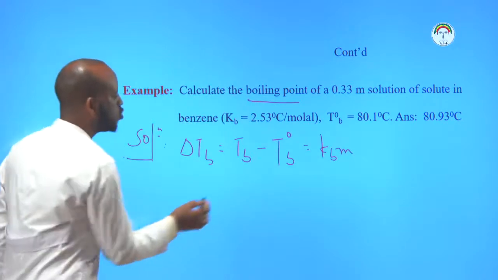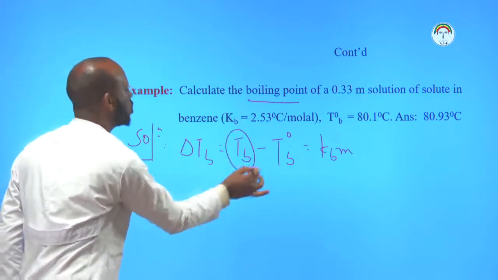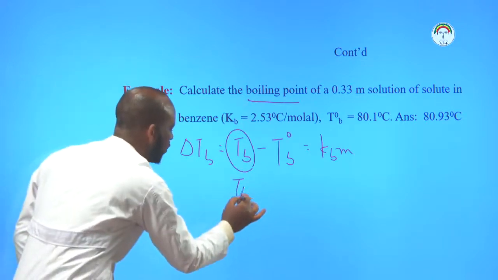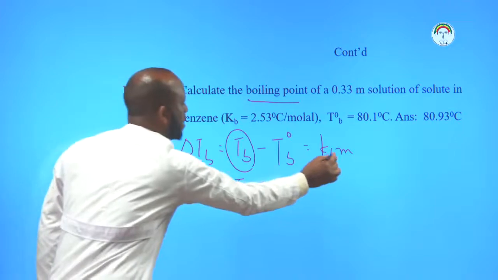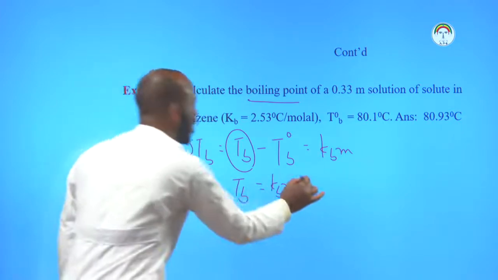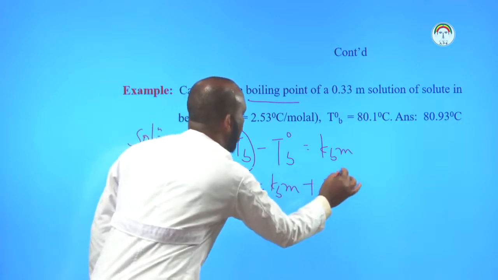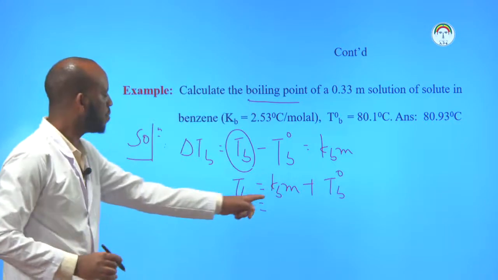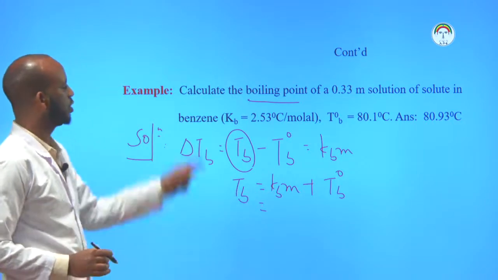You are asked to calculate boiling point of the solution. TB, boiling point of the solution, equals Kb times molality of the solution plus boiling point of a pure solvent.